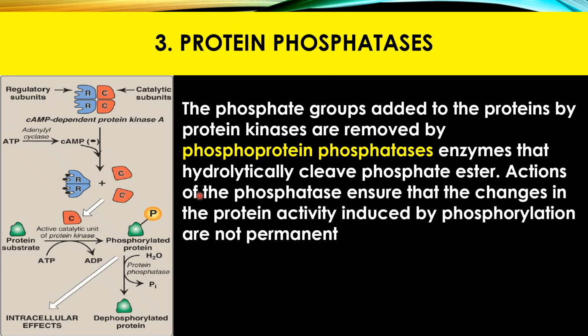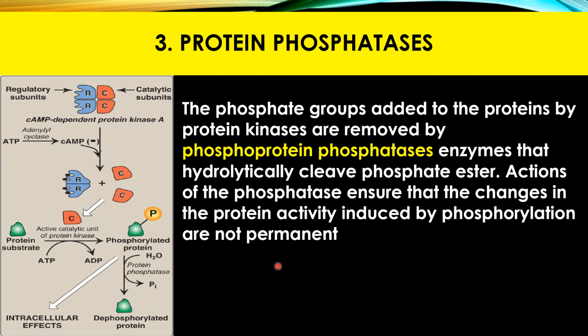So here is the inactivation. The phosphate groups added to the protein by protein kinase A are removed by phosphoprotein phosphatases. Here are the protein phosphatases. The action of the phosphatase ensures that the changes in protein activity induced by the phosphorylation are not permanent.